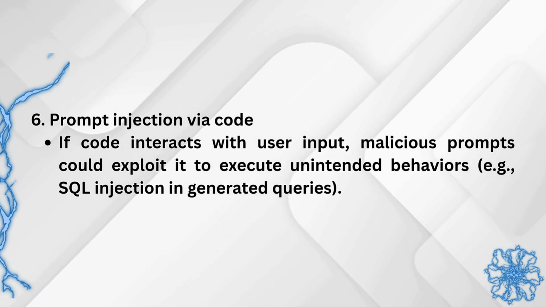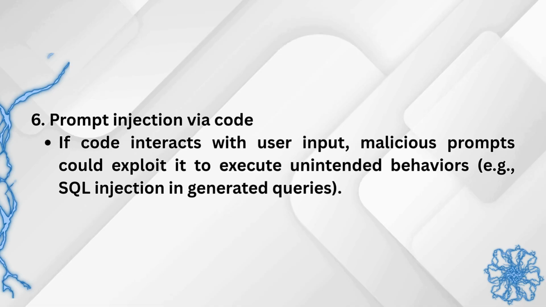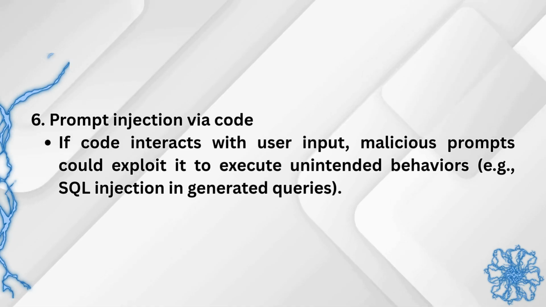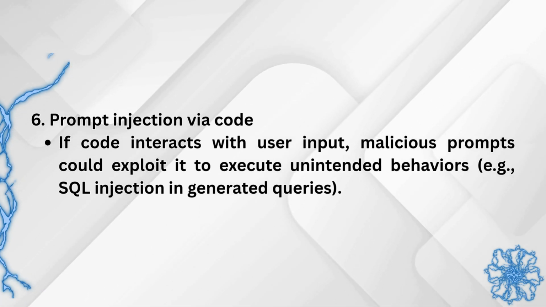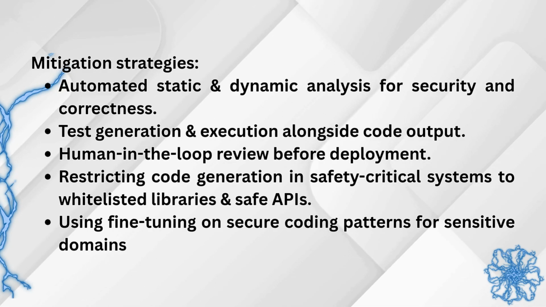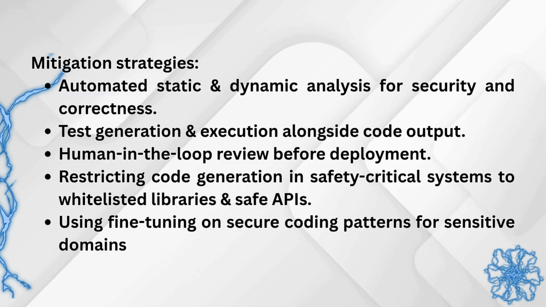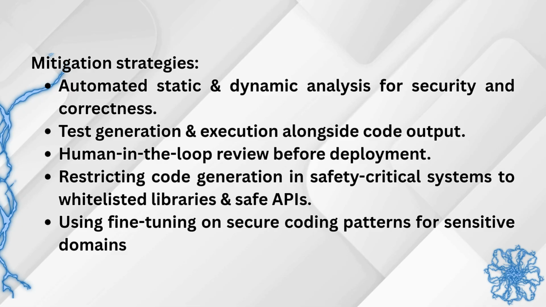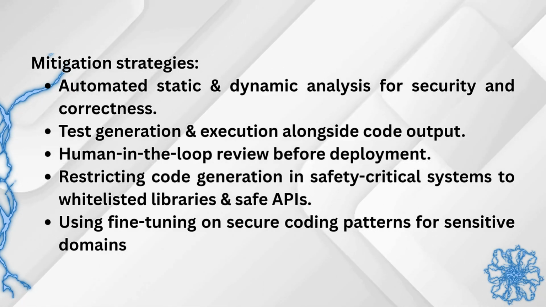6. Prompt injection via code. If code interacts with user input, malicious prompts could exploit it to execute unintended behaviors, e.g., SQL injection in generated queries. Mitigation strategies: automated static and dynamic analysis for security and correctness. Test generation and execution alongside code output.